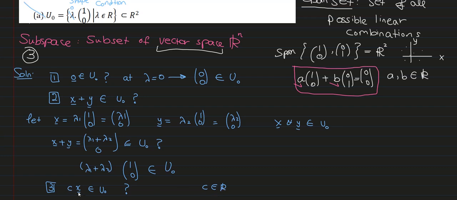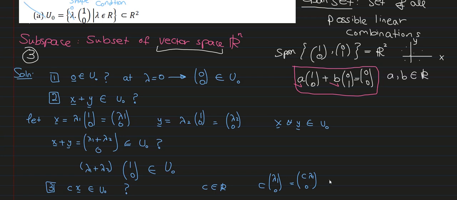Now multiplying a scalar by a vector is so simple. It is C times the vector X, which is lambda 1 and 0. So it will be equal to C times lambda 1 and 0. I will distribute the C over the two components. It will look like this.